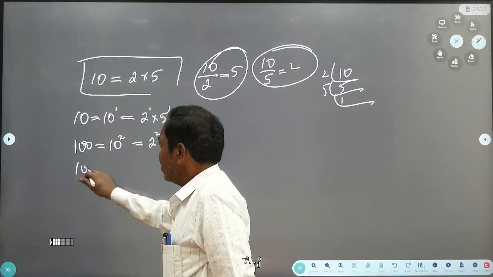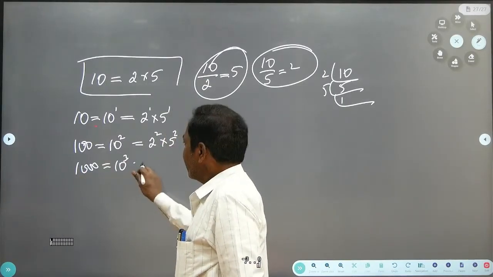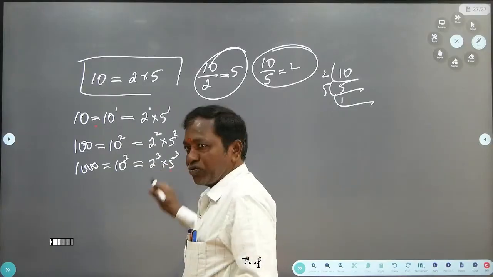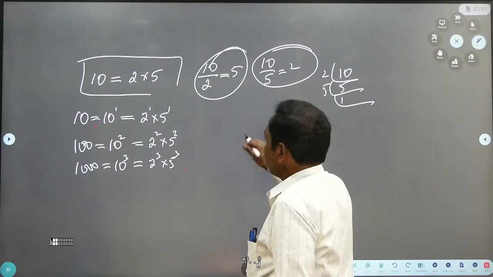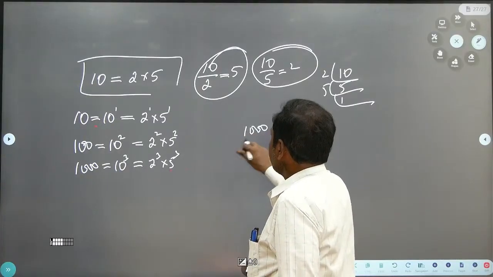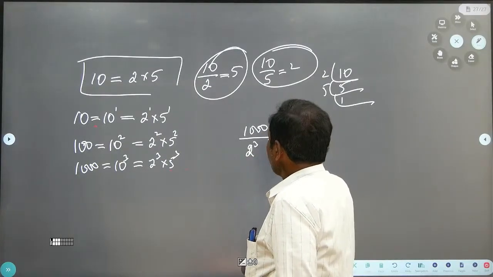If you take 1000, 10 to the power of 3 is equal to 2 cube into 5 cube. It goes on like that. See, now when it comes to the question, 1000 divisible by 2 cube, what would be the value?